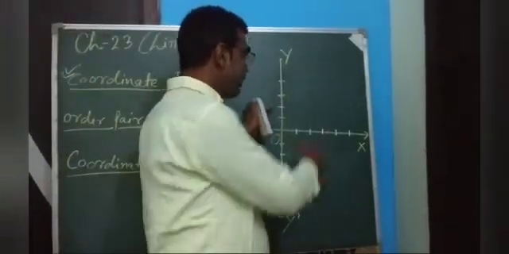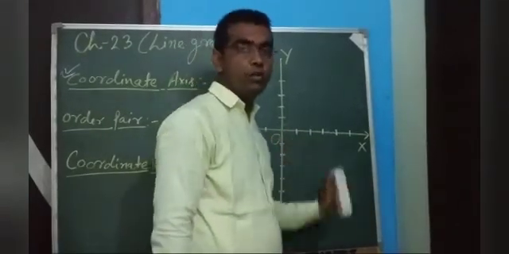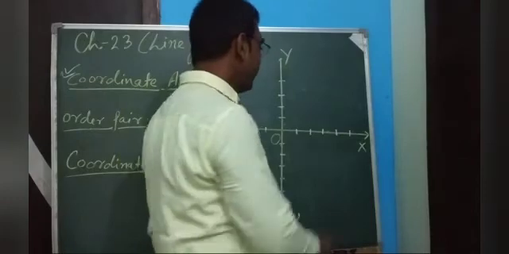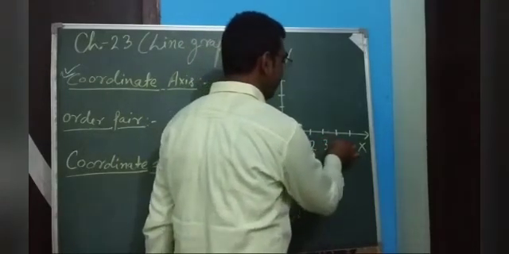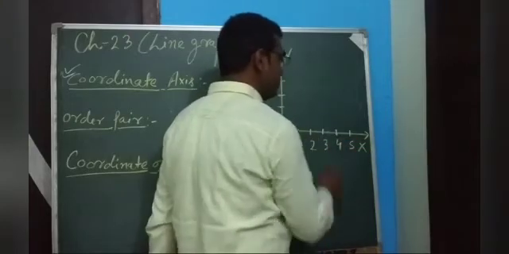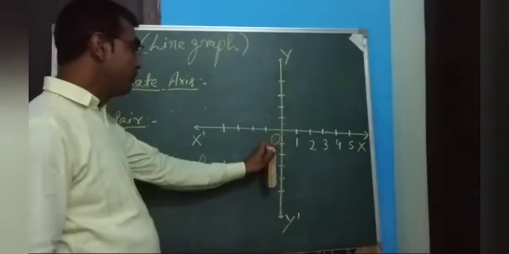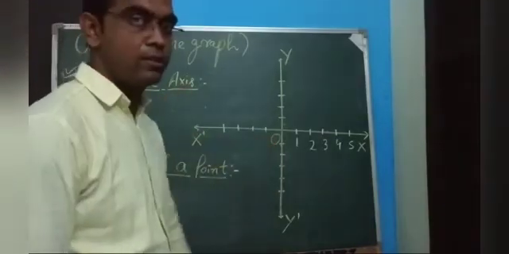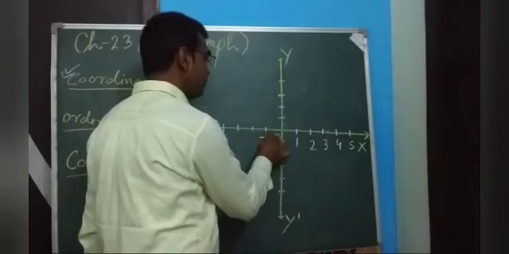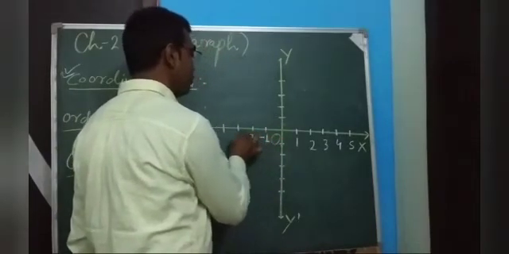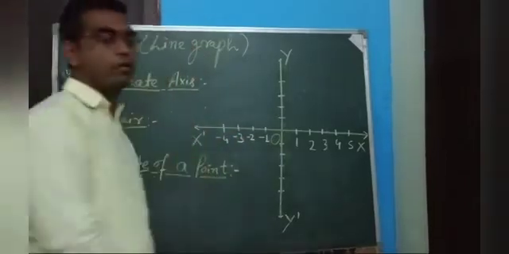When you move right side of the y axis, then you will get positive values of x. So here 1, 2, 3, 4, 5 are all positive, and when you move left side of the y axis, then you will get negative numbers, like -1, -2, -3, -4 and so on.